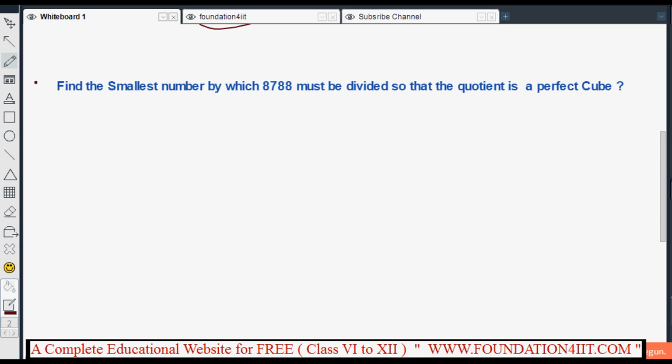What is the smallest number by which 8788 must be divided so that the quotient should be a perfect cube? This is the question.